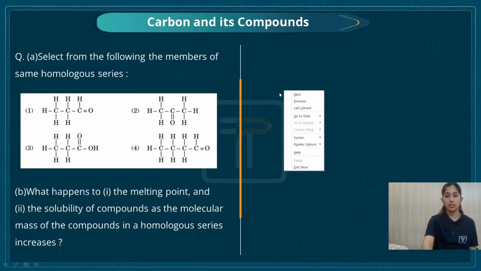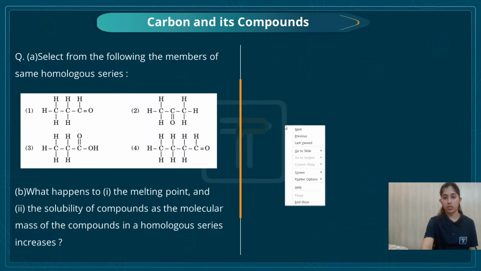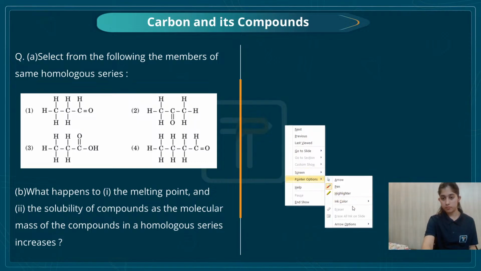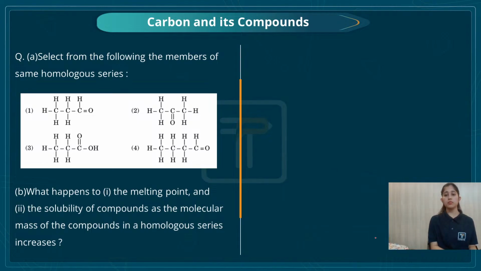Let's change the color to red here. So what is going to be my answer? First and fourth are the members of the same homologous series.